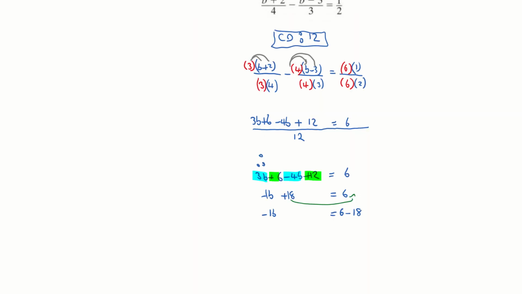So that's going to leave me with minus 1b is equal to 6 take 18, which is minus 12. And then to solve for b, I'm going to divide by minus 1 on both sides, or just change the signs, in other words. So b is equal to minus 12 divided by minus 1, which is 12. So the value for b is equal to 12.